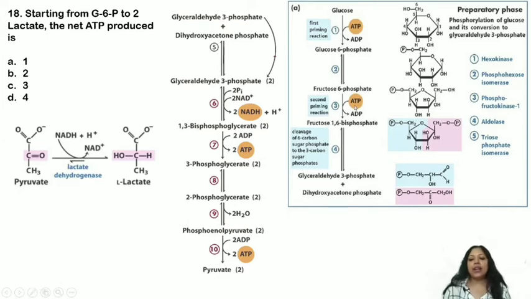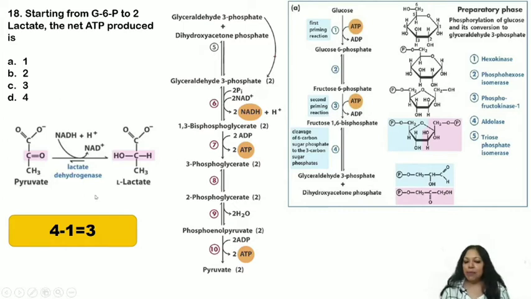So, it is minus 1 ATP here, plus 2 ATP here, and plus 2 ATP here, meaning a total of 4 ATP as output and a total of 1 ATP as input in step 3. So, we get 3 ATP if we start from glucose 6-phosphate, okay?